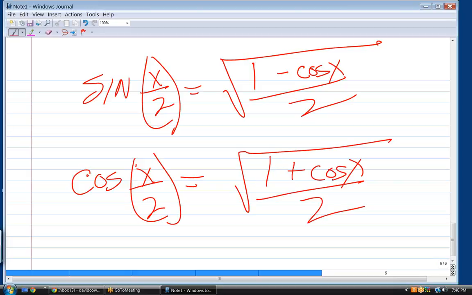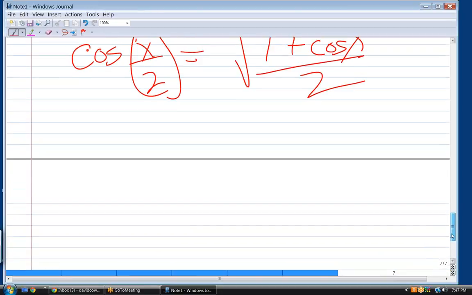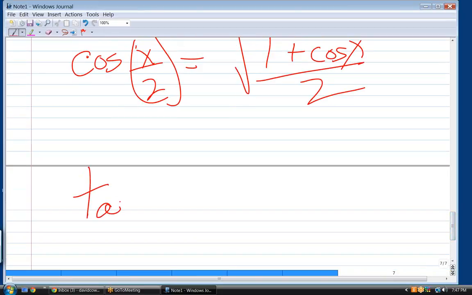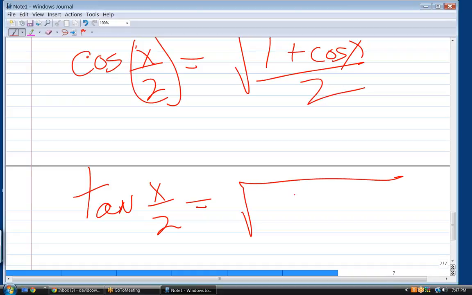Okay. The tan of x over 2 is equal to the square root of... interesting. They have 3 for this one. I never knew that.